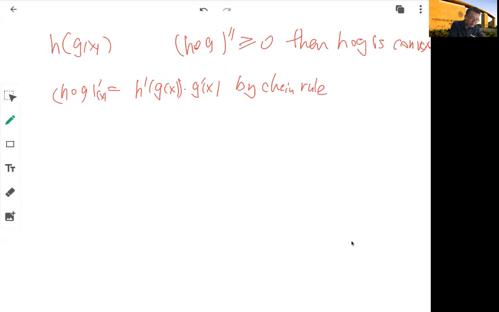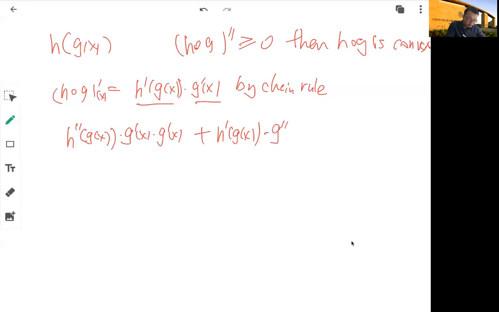When taking the second derivative, this is a product of two functions. We keep the first and take the derivative of the second, plus take the derivative of the first and keep the second. This gives us h double prime at g of x, but by the chain rule, multiplied with g prime of x and another g prime of x, plus h prime of g of x times g double prime of x.